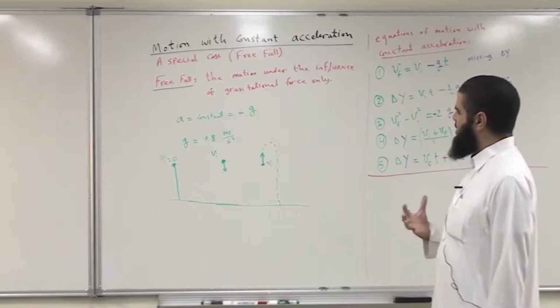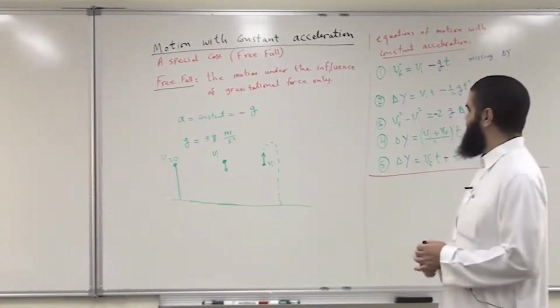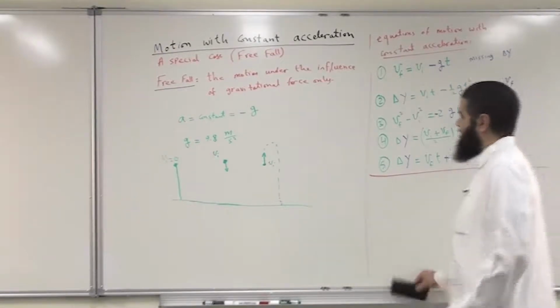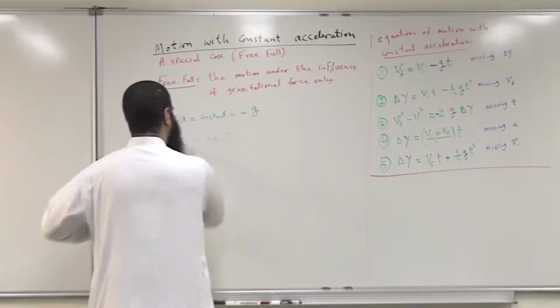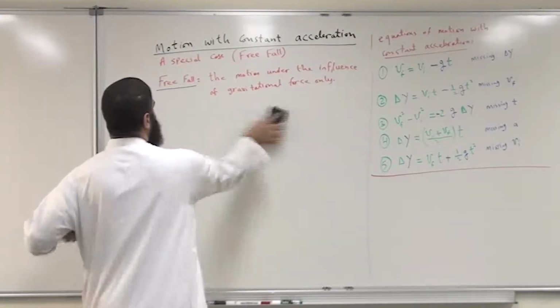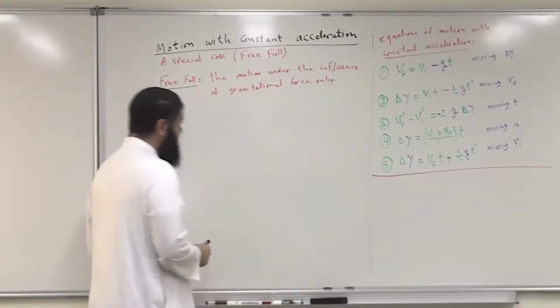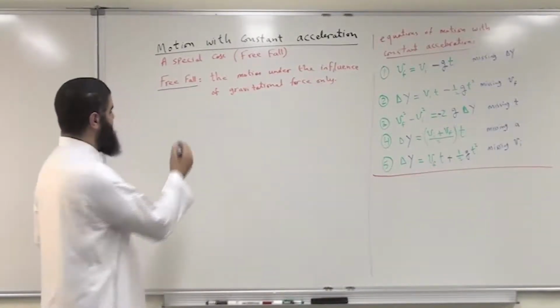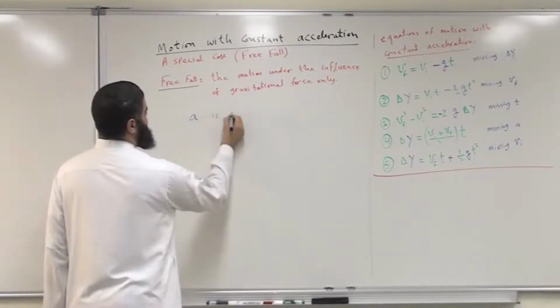Let us now talk about the convention of signs. We'll talk about the signs for these physical quantities. It is very important when we solve problems related to motion in free fall to notice the following. The acceleration is always negative.